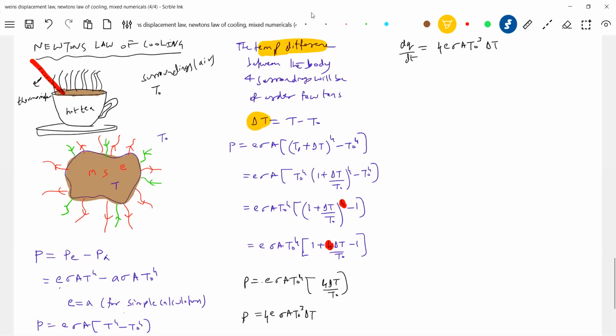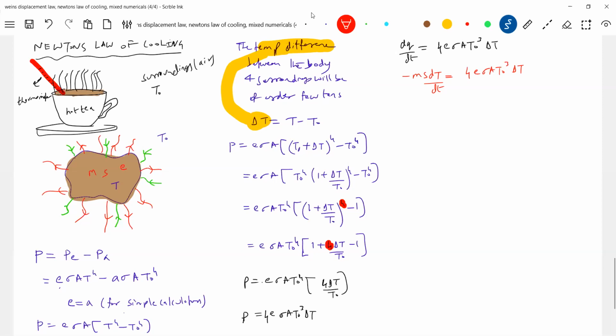Okay, this is very important. The body loses heat or gains heat? The body loses heat. So according to calorimetry, if a body loses heat, what do we write? Minus m s dT. Keep it in this way.